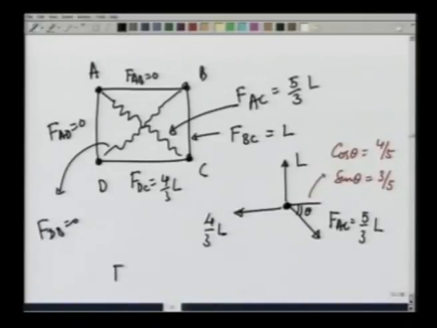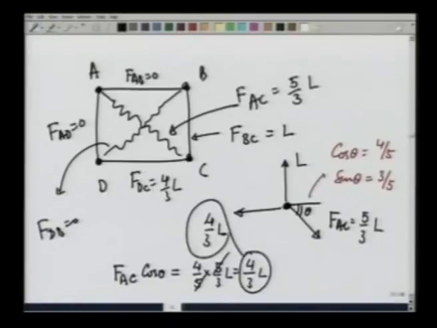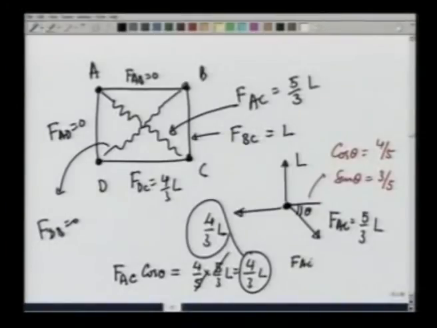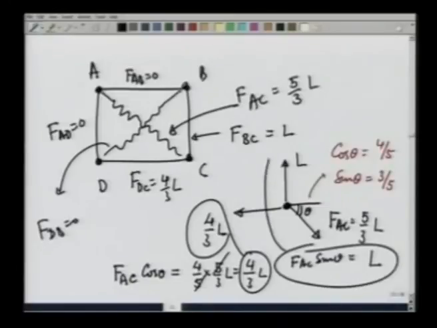So, FAC cosine of theta comes out to be 4/5 times 5/3 L, which is 4/3 L, and this force is going to balance this force out. So, horizontal forces are 0, and FAC sin theta comes out to be 3/5 times 5/3 L, which is L, and this force is going to balance out this particular force, and therefore, point A is in equilibrium and we have solved the problem correctly.